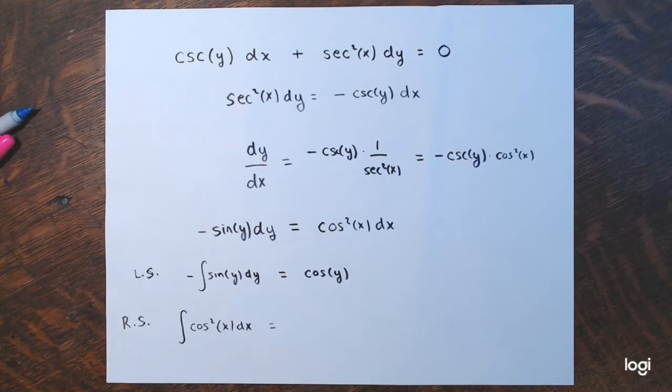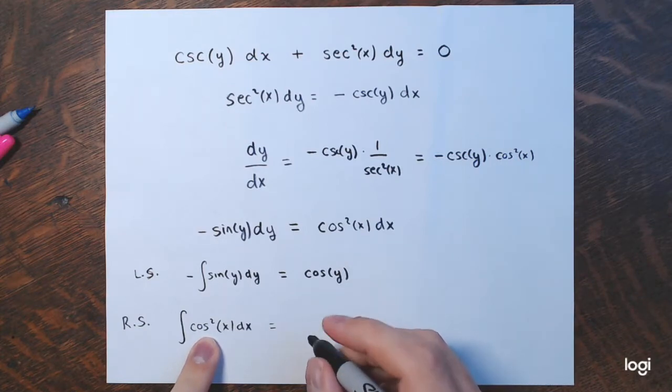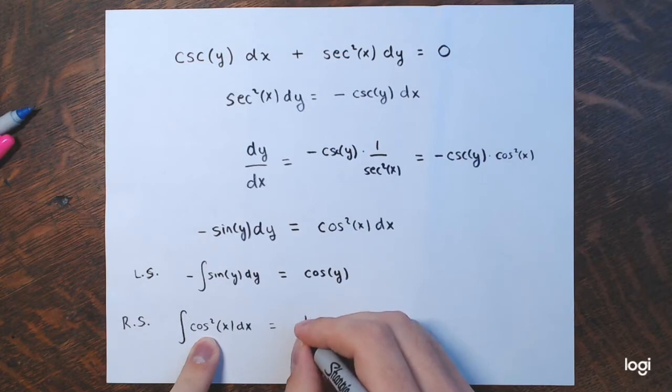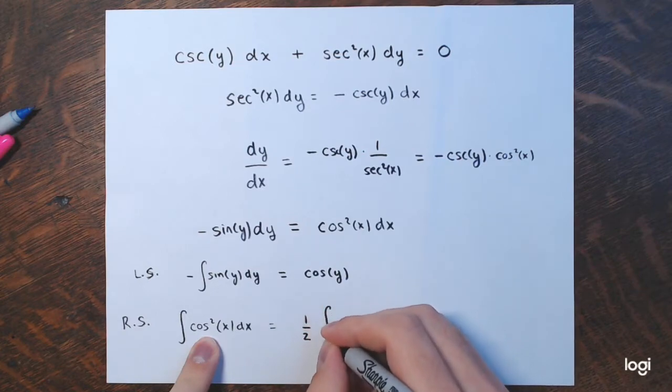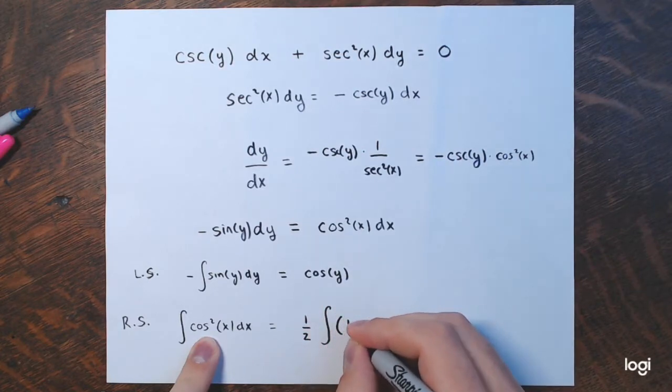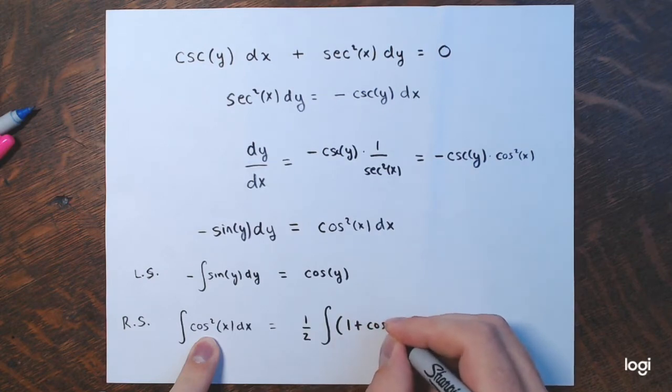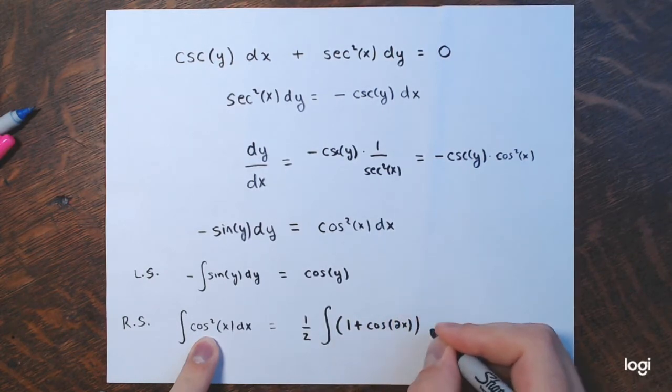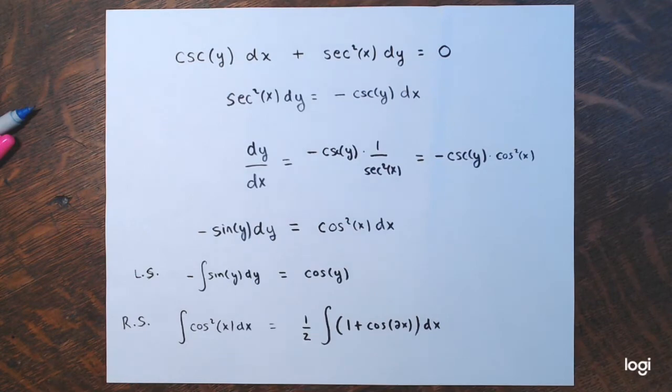Because if you want to integrate cosine squared, it'd be easier to use a power reducing formula involving a double angle. Remember, cosine squared x is 1 plus the cosine of 2x divided by 2. And then I pulled the half out. And this is a lot easier to integrate.